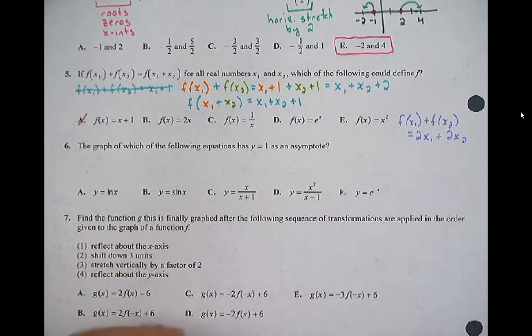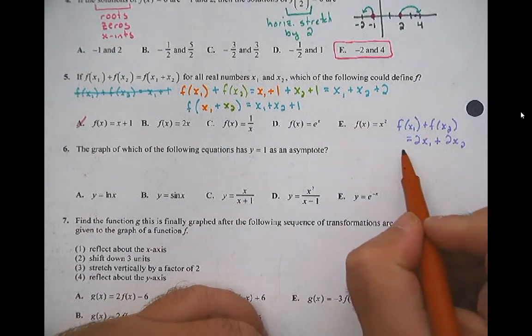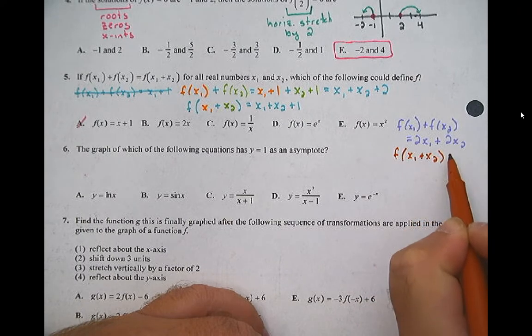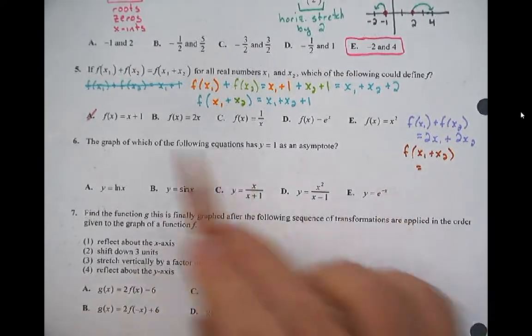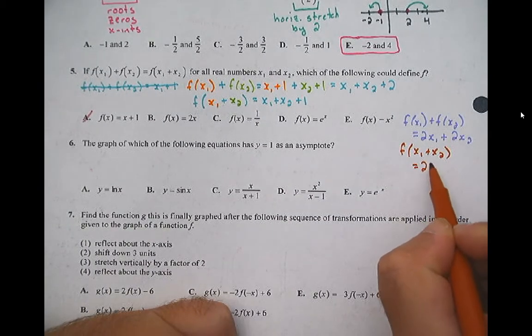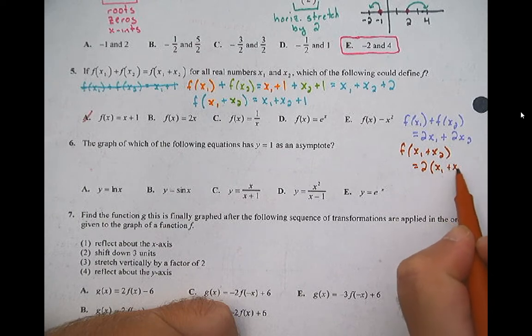Then let's see what would happen if we change this to f of x1 plus x2. So now I'm taking my x out and I'm replacing it with x1 plus x2. So that would be 2 times, this x now gets replaced with x1 plus x2.